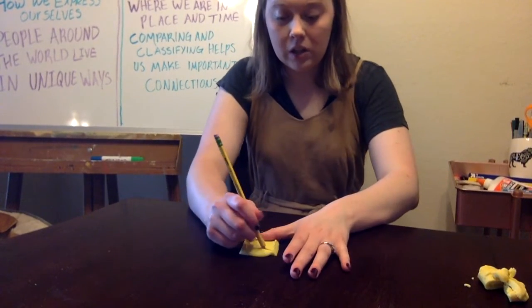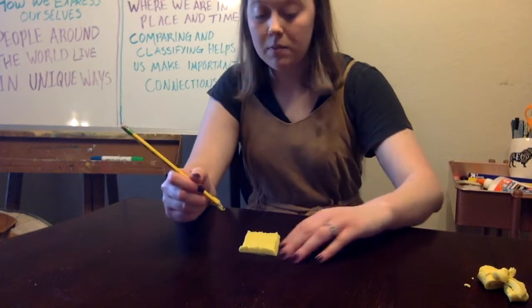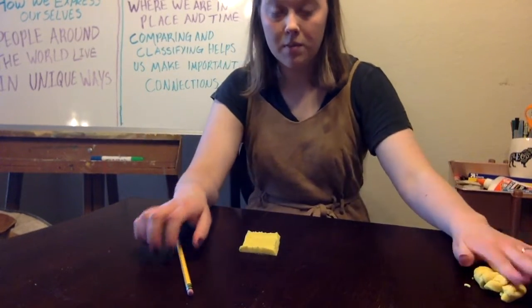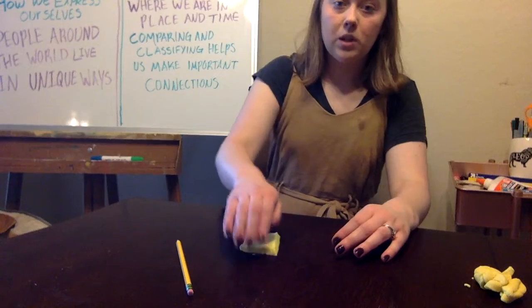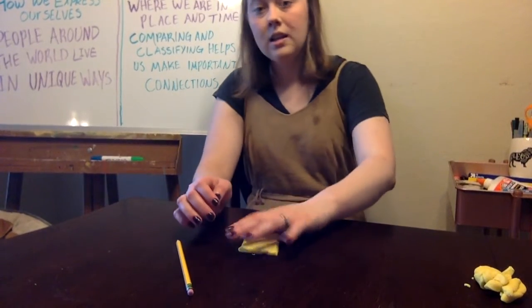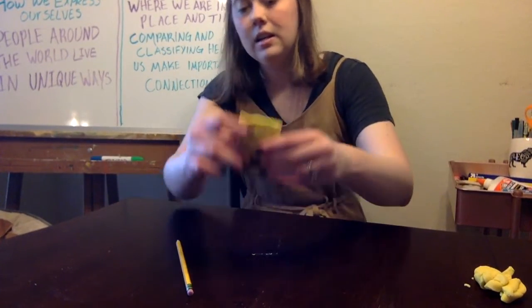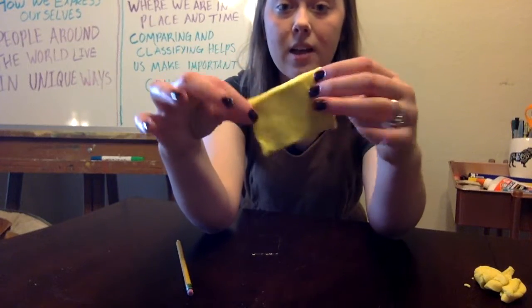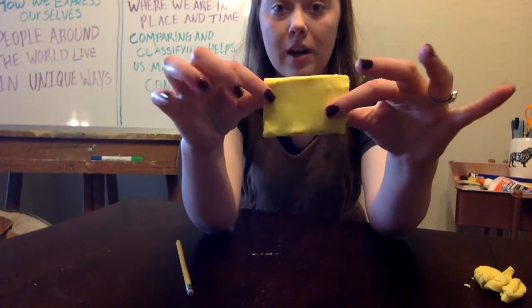Maybe you want your pot to look like a box, or maybe you want the parts of the pot to be round. So what you would do is you would have this. This is a slab. It's going to be like a flat rectangle or flat shape that you cut out.